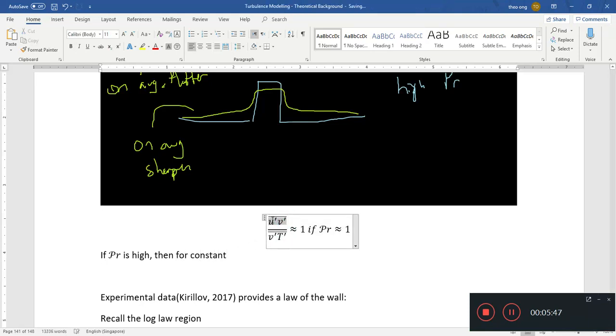For constant Reynolds stresses, this term will be higher.